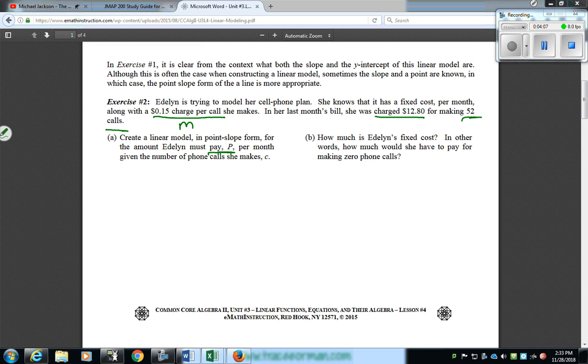P for our pay, and the calls are going to be C. So the P will be our Y value. I'm writing that point slope form, but I'm switching up my Y and X's to P and C. And then I'm going to put in numbers that I have.